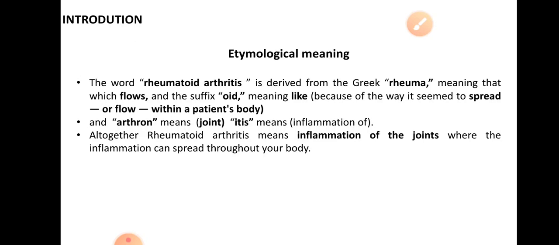That is why it has the meaning spread or flow. So that is the meaning of rheumatoid. Next, arthritis is taken from the Greek word arthron, meaning joint, itis meaning inflammation. Altogether, rheumatoid arthritis means inflammation of the joints which can spread throughout your body.